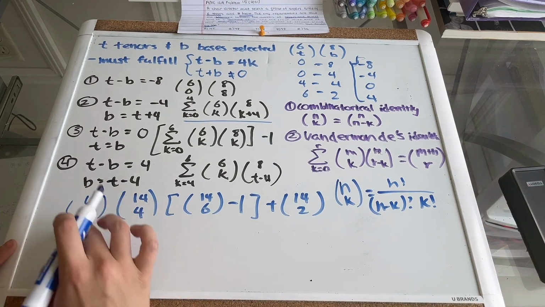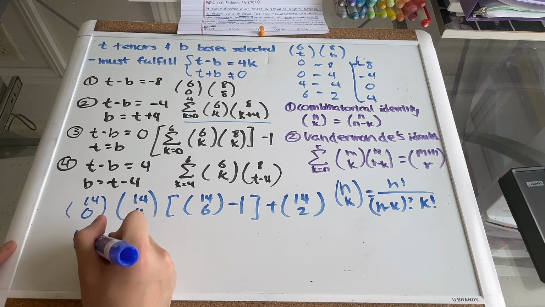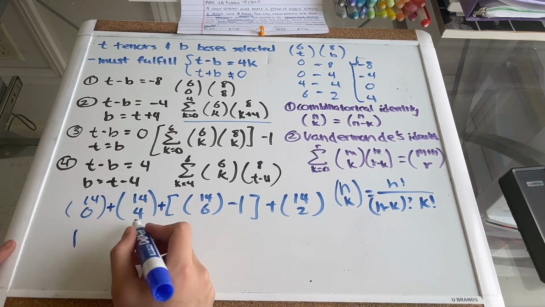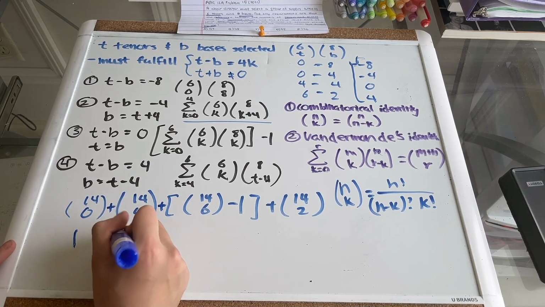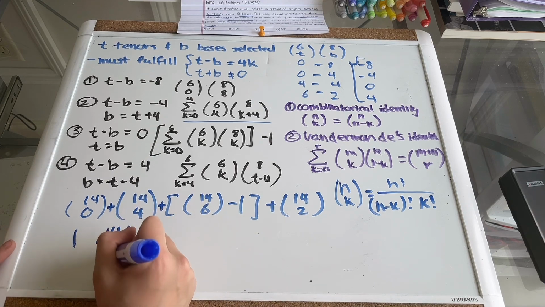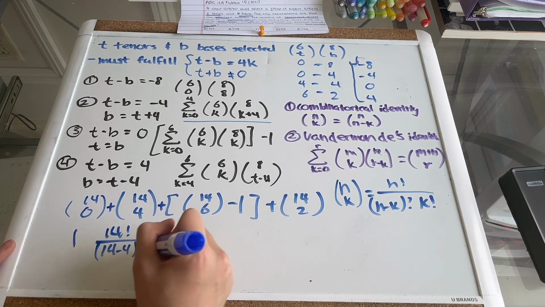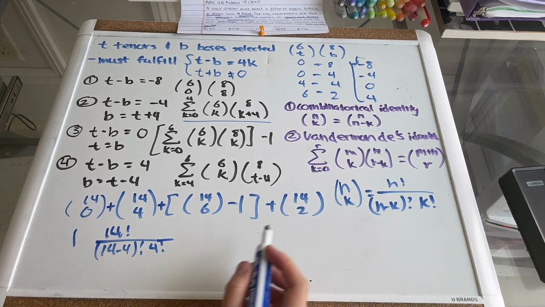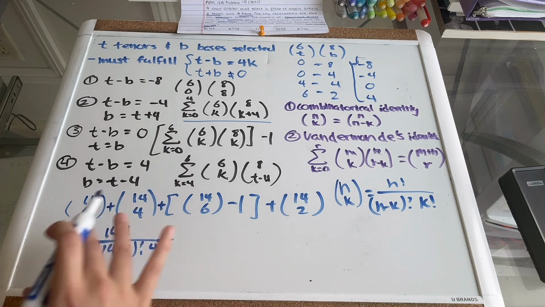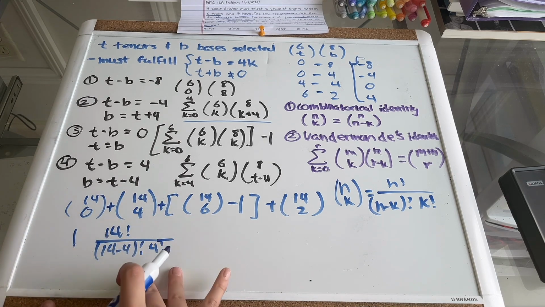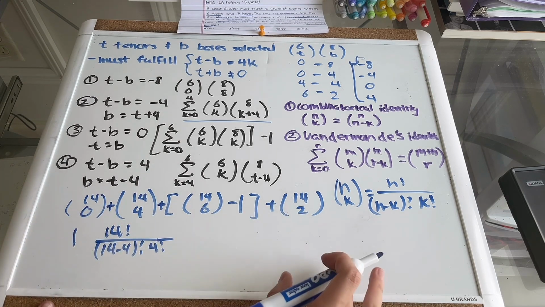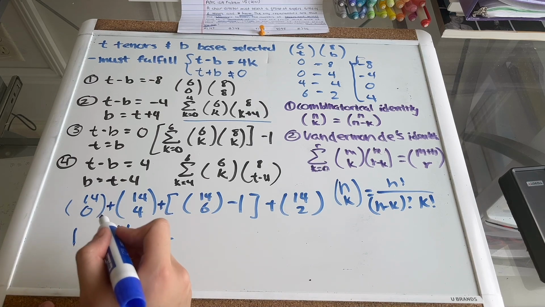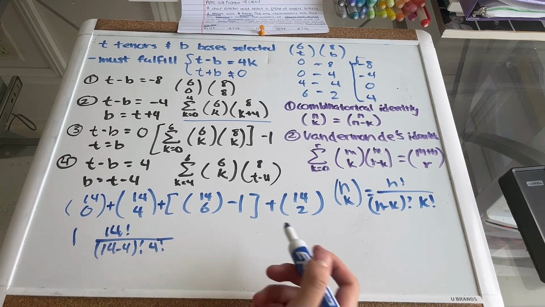So basically, if you're trying to choose 0 from 14, this is going to be 1. And then 14 choose 4 is going to be equal to 14 factorial over 14 minus 4 factorial times 4 factorial. So factorial is from this number, you multiply it by 1 less than this number and all the way down to 1. So this will be equal to 14 times 13 times 12 times 11 times 10, etc.